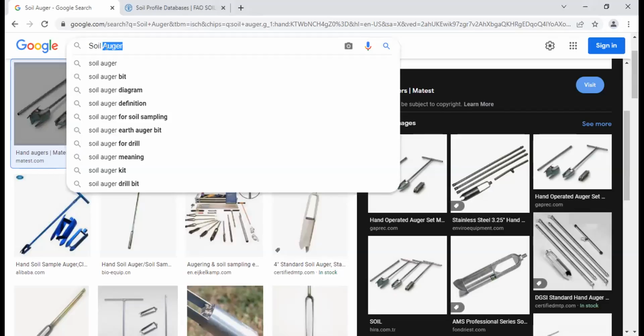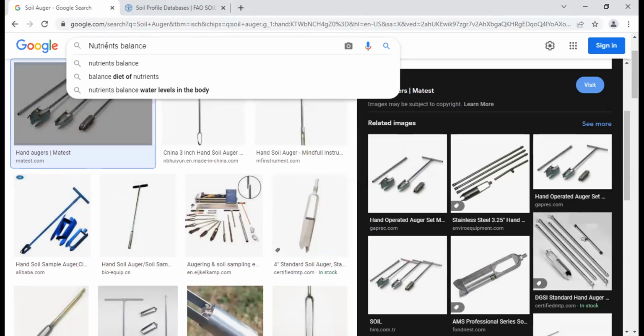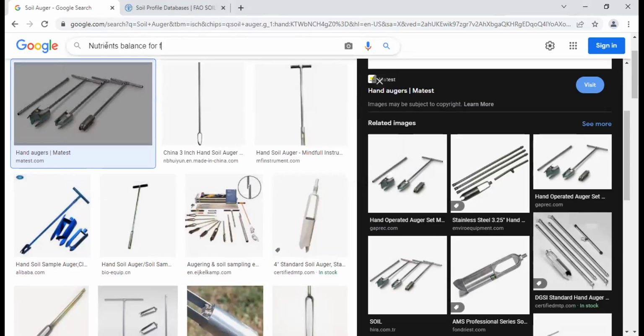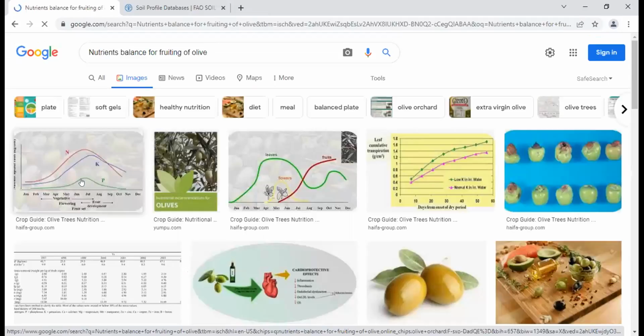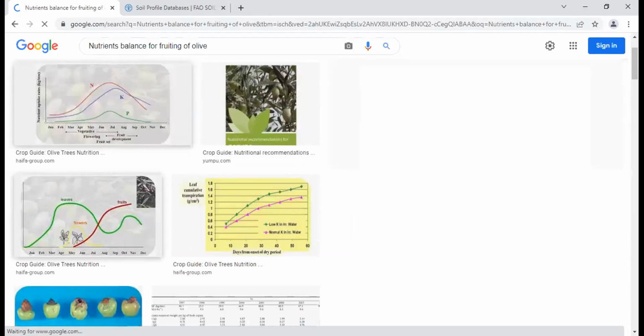If you can model this based on the soil analysis you do, it will be a very important recommendation for the farmer to reduce the cost of production and reduce the chemical contamination of the soil and groundwater. Nice, very nice. Thank you.